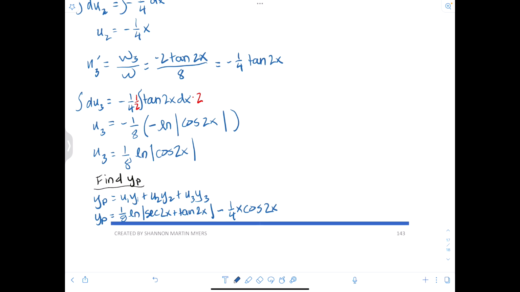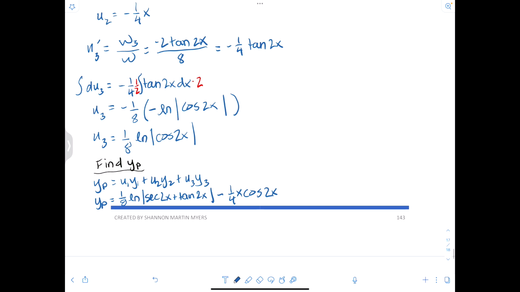And U3 was 1/8 natural log cosine 2x. So that would be plus 1/8 sine 2x, and then let's put these in parentheses, natural log absolute cosine 2x.